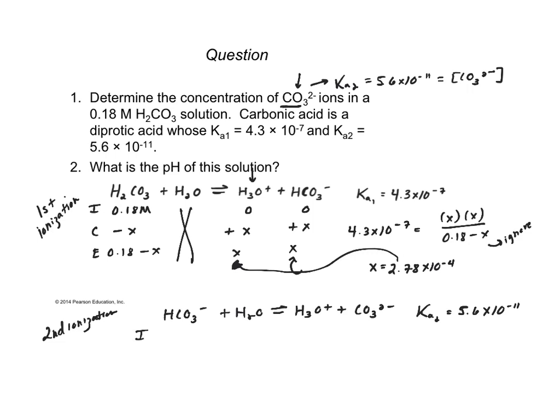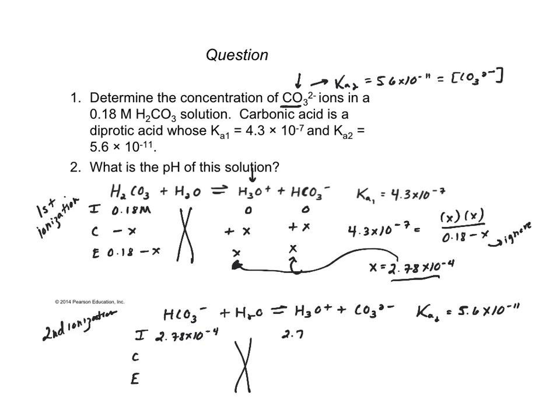So now we'll have to undergo our second equilibrium problem, because this is a diprotic acid. What do I have from the first ionization that I can contribute to my second ionization, my second ice chart? Right, I've got my HCO3-. We know its concentration. So this is 2.78 times 10 to the minus 4. We can also ignore this guy. What else do I have? H3O+, right?